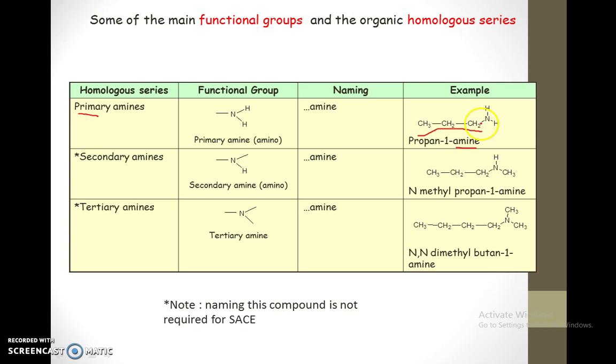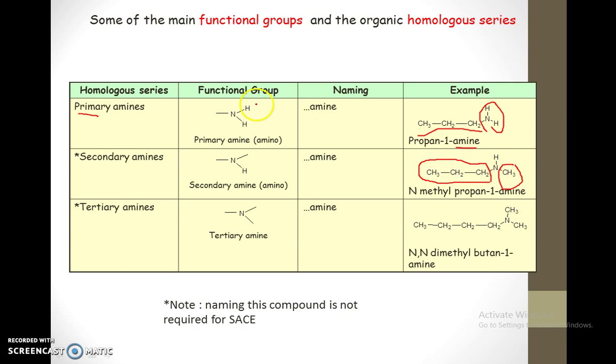So propane-1-amine, since the amine is located at the first carbon. Look at the secondary amines. Please bear in mind there are 2 alkyl groups. So this is the first alkyl group and second alkyl group, and there is only 1 hydrogen.